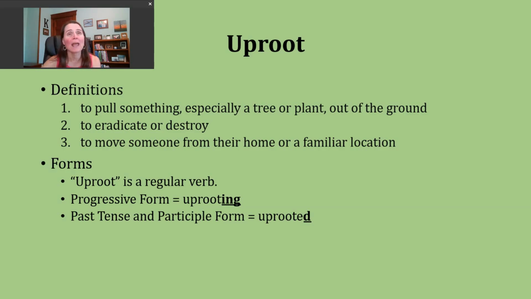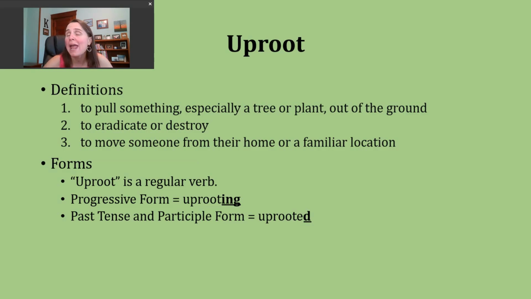A second way we might encounter the verb uproot could mean to eradicate or destroy. Here, it just doesn't have to be plants. It could be anything, some kind of object. It also might be something we can't see. So a particular feeling or emotion that is being destroyed.